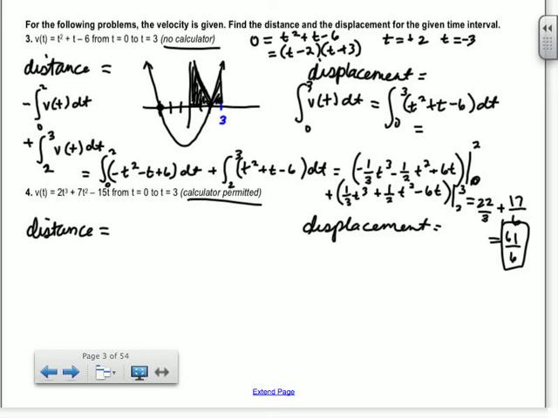Okay, what did you guys get for this one? What? Didn't get that far? It's not very speedy. 1/3 t cubed plus 1/2 t squared minus 16.